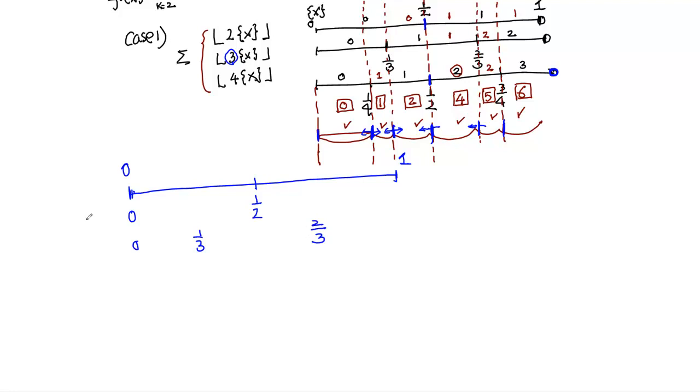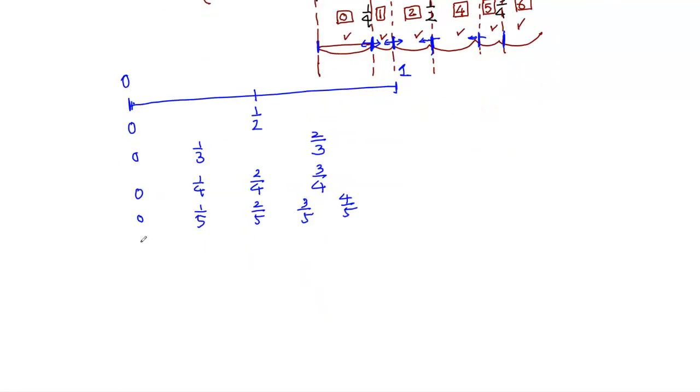When you have 4, 4 bars there: 1/4, 2/4, 3/4. That's it. The next one, 5: 1/5, 2/5, 3/5, 4/5. 5 bars there.